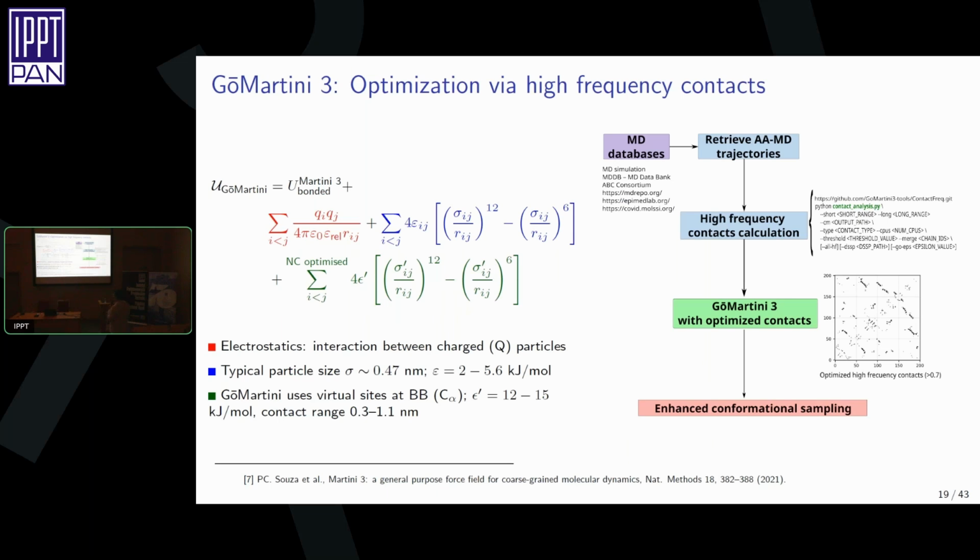Okay, so this is the original formulation. But of course, we need to optimize now again the sigma parameters as well as the epsilons, right? And for that, we have chosen a method that is very traditional, which is all atom molecular dynamics. But recently it has also been powered by different activities in the whole community, which is the creation of databases.